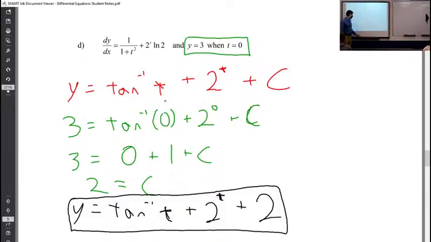Hopefully we can make out where our t's are and where our pluses are. Questions on that one?